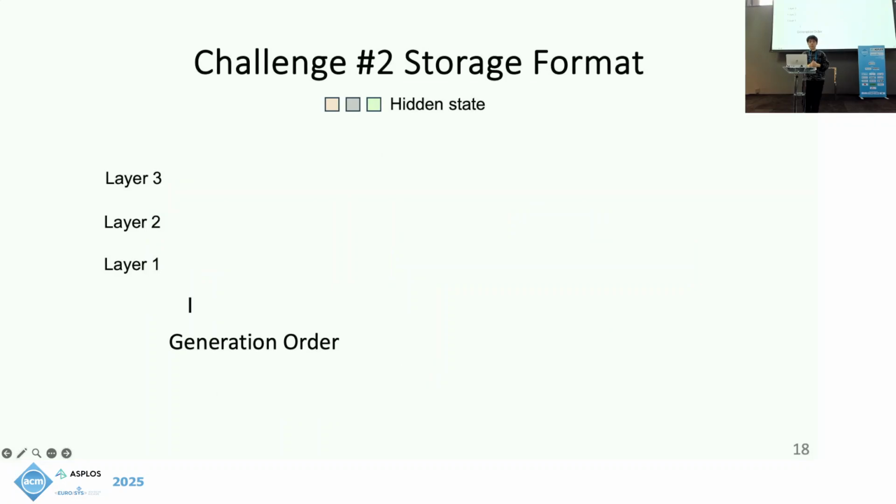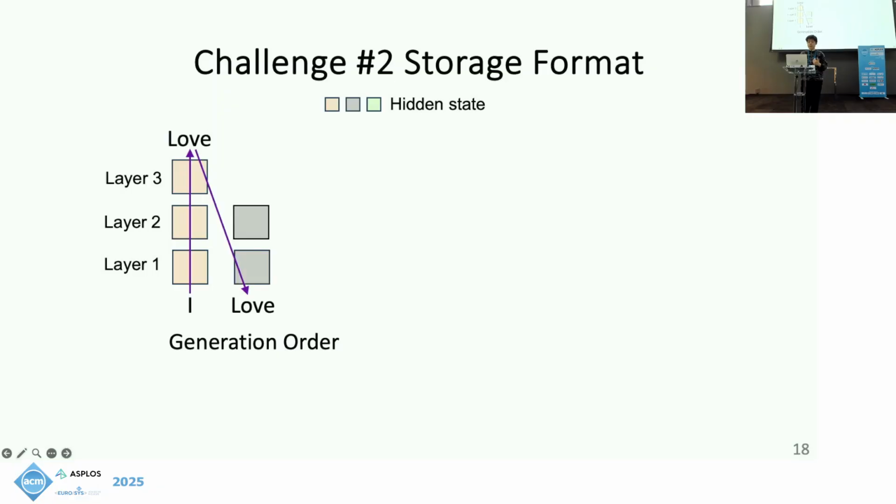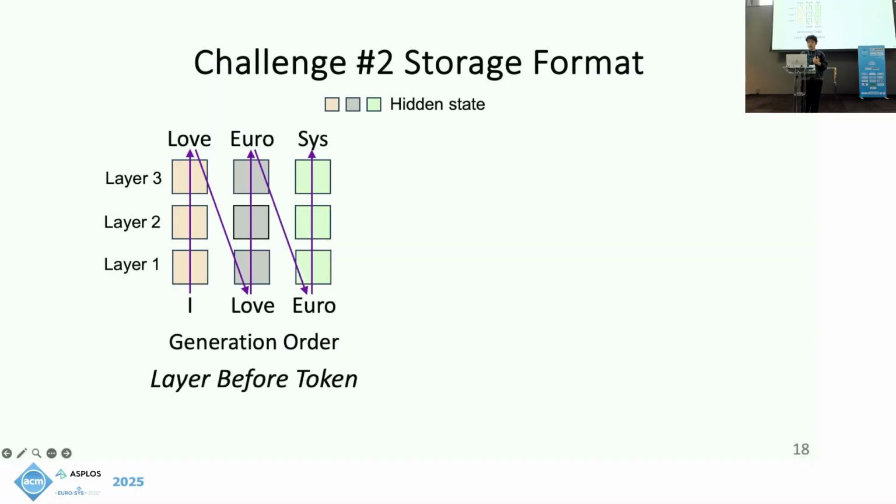The second challenge is the storage format. During the generation process, as you can see on the left, hidden states are typically generated following a layer-before-token order. We essentially calculate all the layers for one token, and then we proceed to the next token. That is the well-known autoregressive generation. It is the layer-before-token generation.